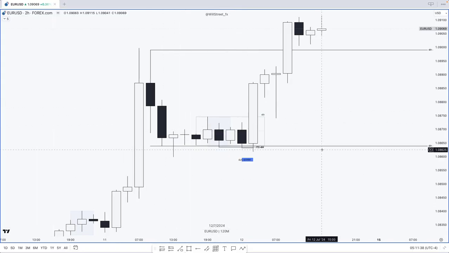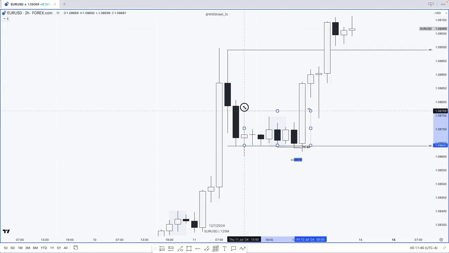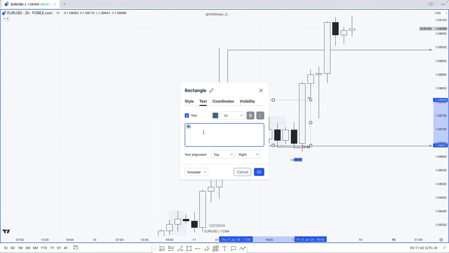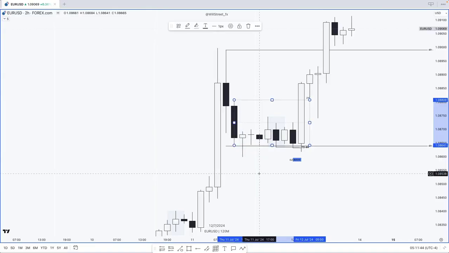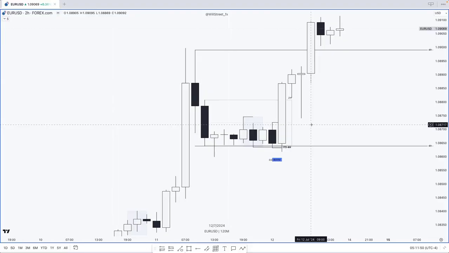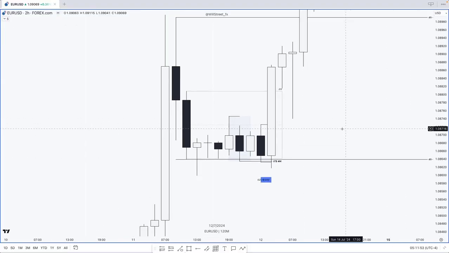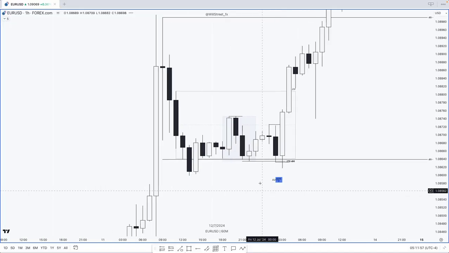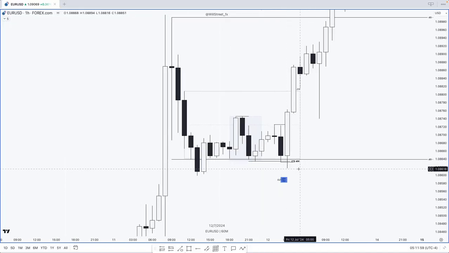That's the one I bought. So we can do this now. 2 hours, and here is the high, so our BS. What time is this? 3 a.m. So from here, we are looking for longs.